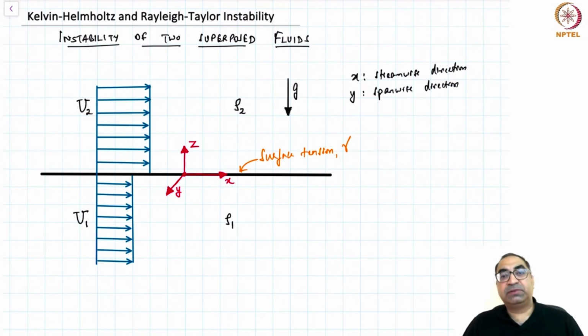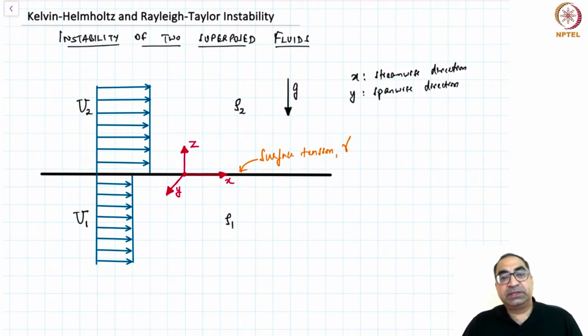We will use the method of normal modes, and then using that we will basically derive a dispersion relation, an algebraic relation. For this particular problem, the algebraic dispersion relation is actually quite straightforward. It's just a simple quadratic equation, unlike the dispersion relation that we found for the Marangoni instability.